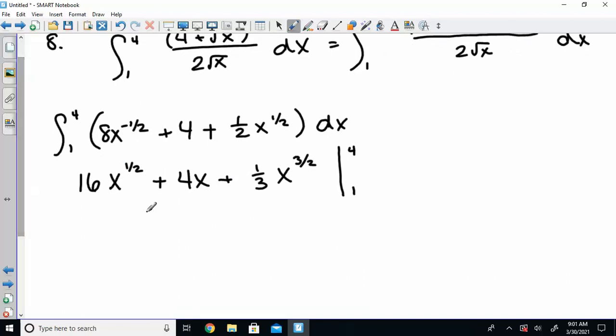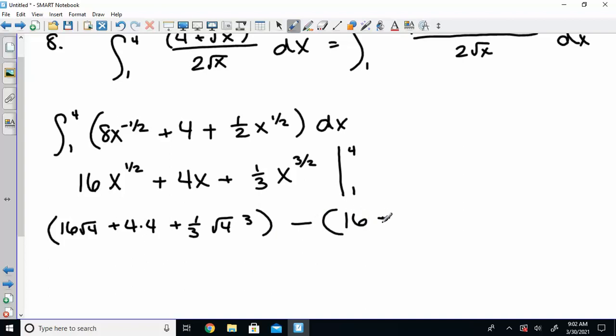Okay. Now we just plug in. So this is like a 16 times the square root of 4 plus 4 times 4 plus 1/3 times the square root of 4 cubed. Put in a 1. So we get 32 plus 16 plus 2 cubed is 8/3.